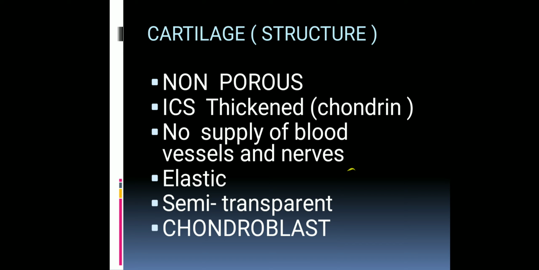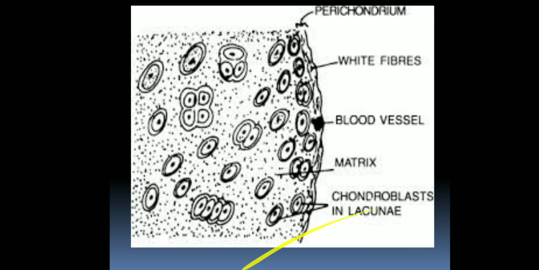Then the cartilage is elastic and semi-transparent, and the cells found in the cartilage are known as chondroblast or chondrocyte. So this is the structure of the TS of cartilage.